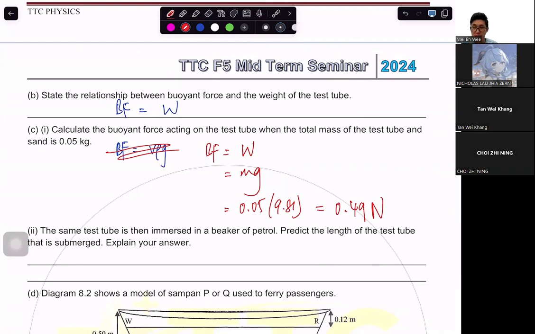All right, the same test tube is then immersed in a beaker of petrol. Predict the length of the test tube that is submerged. Explain your answer. To answer this question, first I need you to think back. Does petrol float on water or does petrol sink underwater? Petrol floats on water, right?